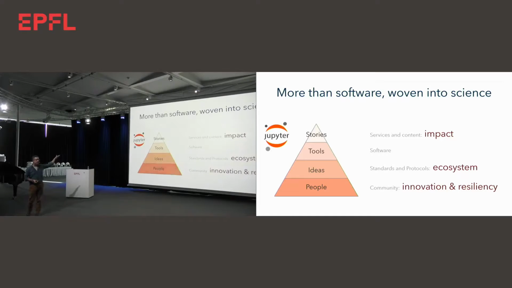The stories on top of the code are what drive impact in the world. The expression of the underlying ideas and taking the time to express those ideas in ways that others can use is what allows for the growth of an actual open, interoperable ecosystem.